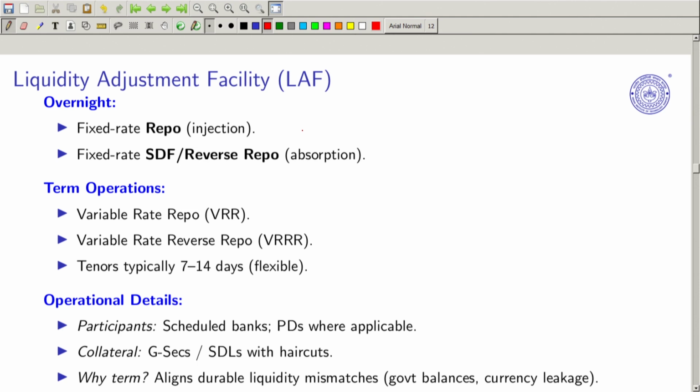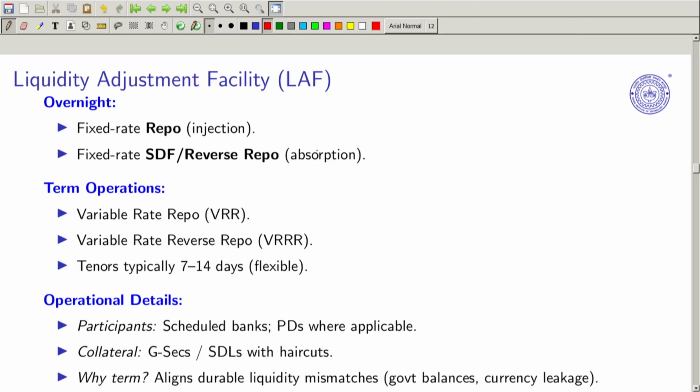So, if banks are keeping their deposits with the RBI, it means that they have less money for lending and other purposes. So, in that case it is called absorption. So, here we are using the absorption and here we are using the injection, and this is what the liquidity adjustment facility looks like.